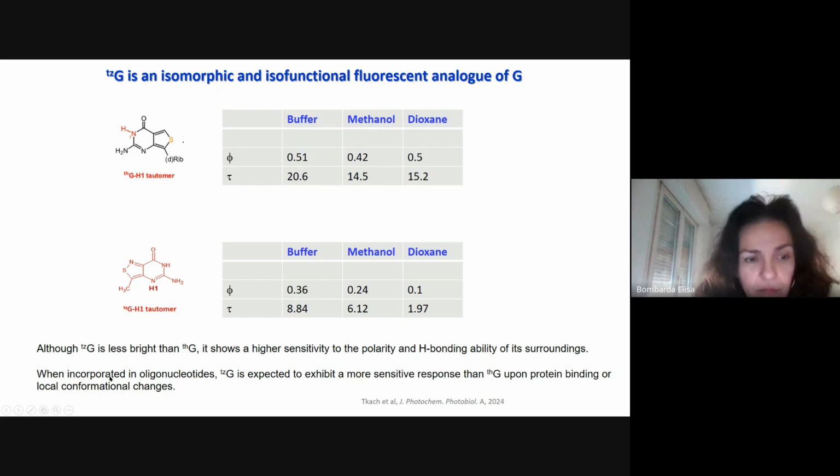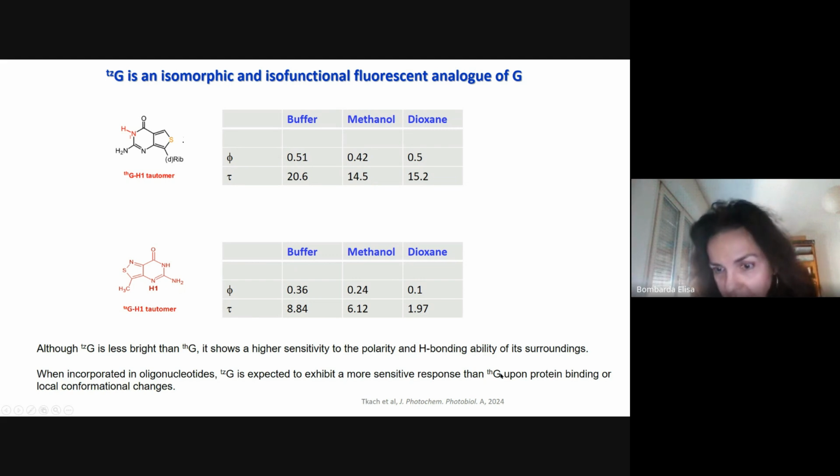So practically, when incorporated in oligonucleotides, TCG is expected to exhibit a more sensitive response than TAG upon protein binding and local conformational change, since it is much more sensitive to polarity.